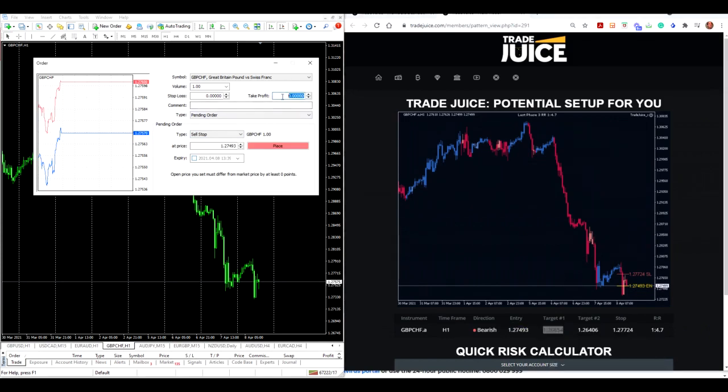Entry has just been hit, and so we're in the trade, and I'll be back to monitor the progression of the trade. That's my target there, that's my stop loss, and there's where price is at the moment.